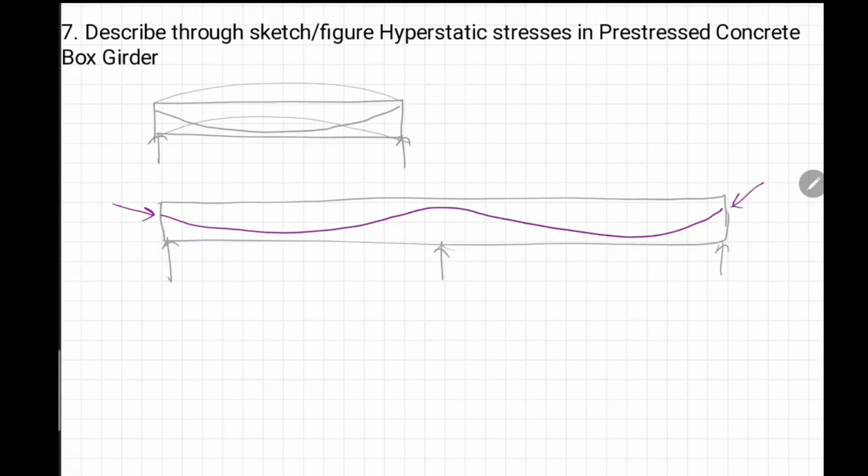if we apply the load balance method, with change in angle theta 1, theta 2, the equivalent load balance case will be: we are imparting an upward load.